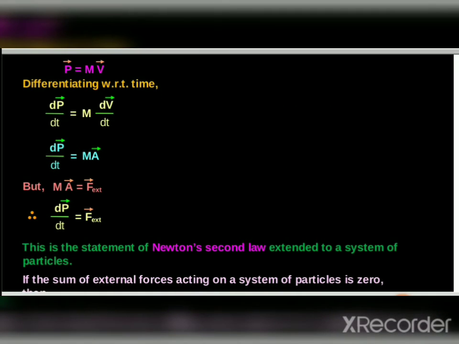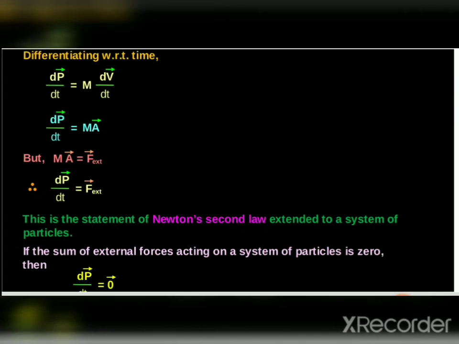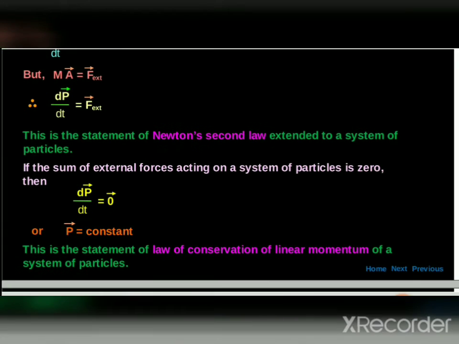So now when we differentiate with respect to time, you will see that dP by dt is equal to M dV by dt, so dP by dt is equal to M A. So M A is equal to F again, because dP by dt is F. So here also the second law of motion of the system is extended to a system of particles.